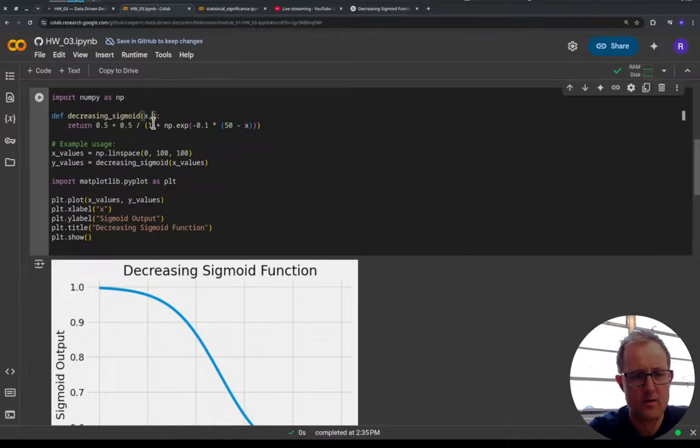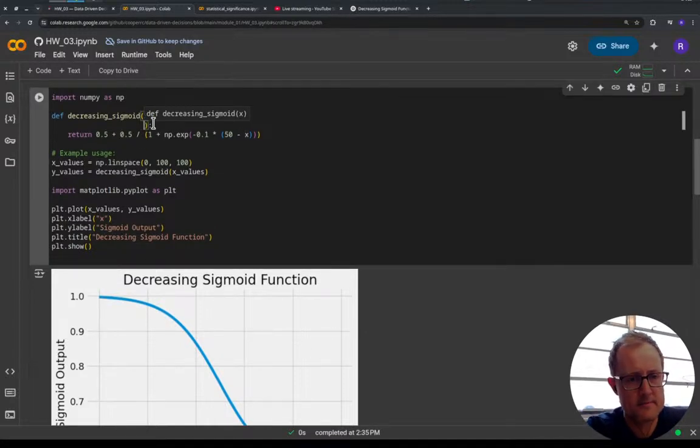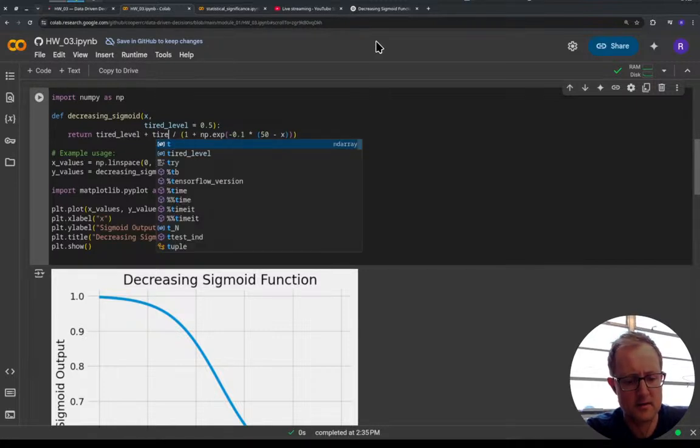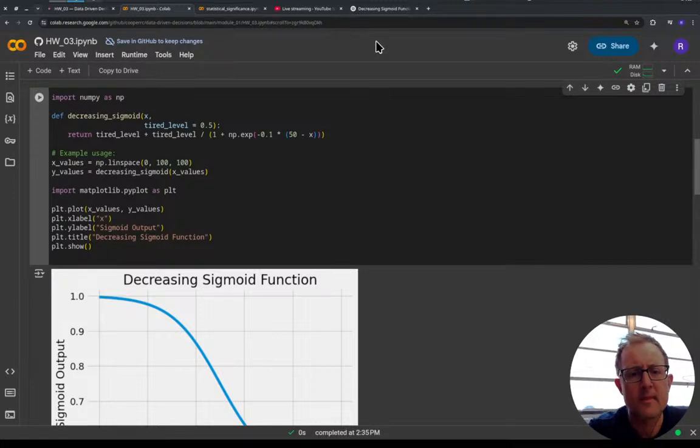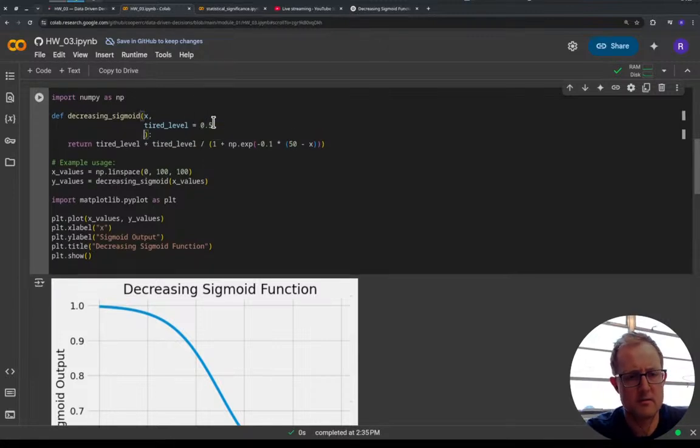Let's add our own inputs here and say tired level equals 0.5, and we'll call this tired level, and this one's going to be tired level, and then tired rate equals 0.1.